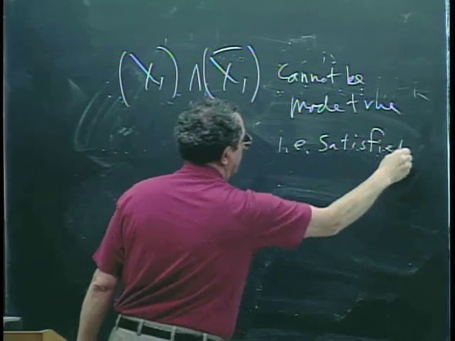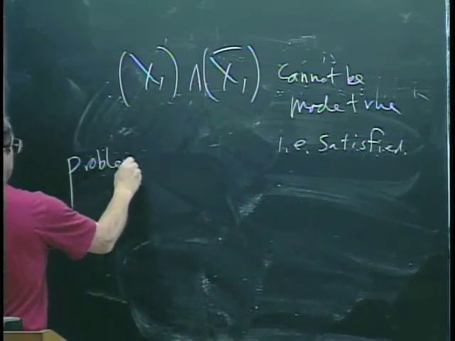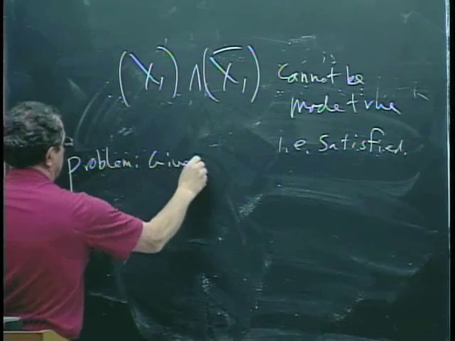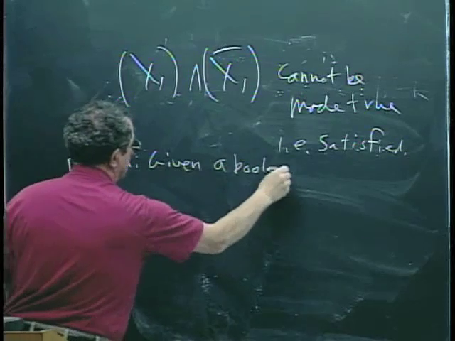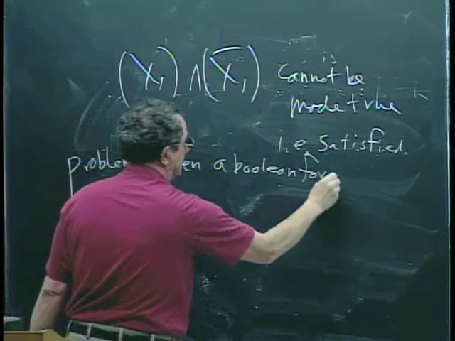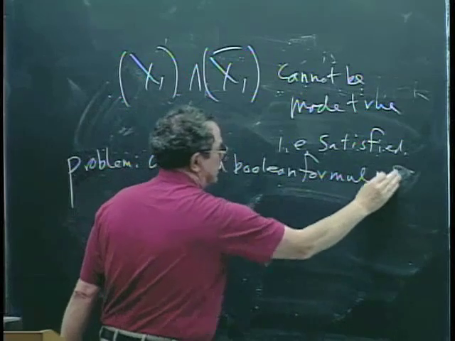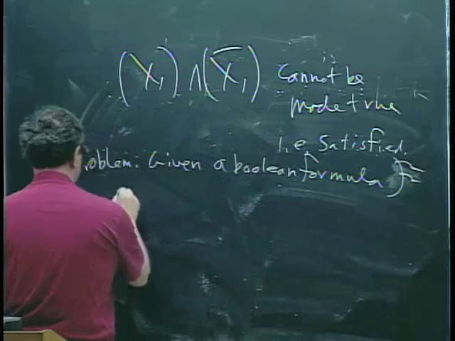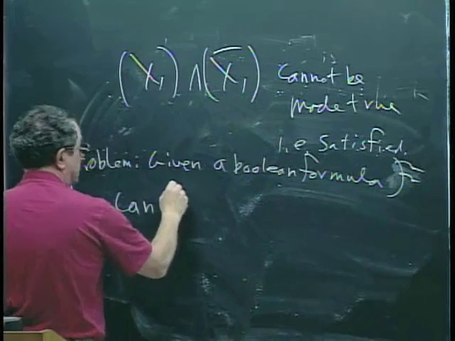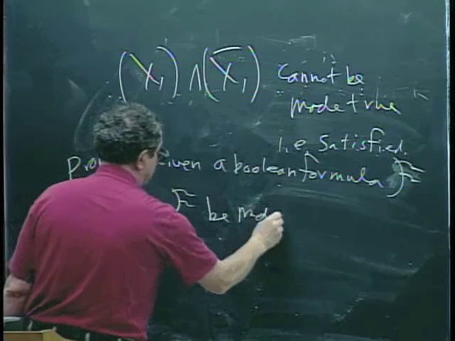Okay, so the satisfiability problem is the following problem. Given a Boolean formula, call it, well, give it a name, script F, can script F be made true?